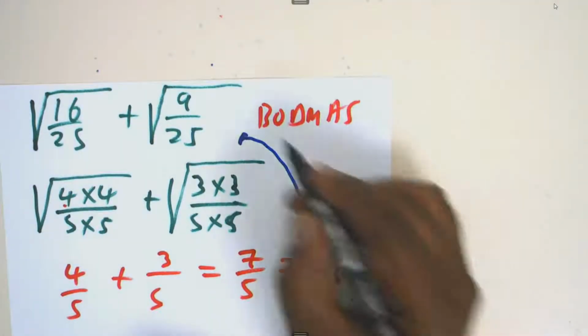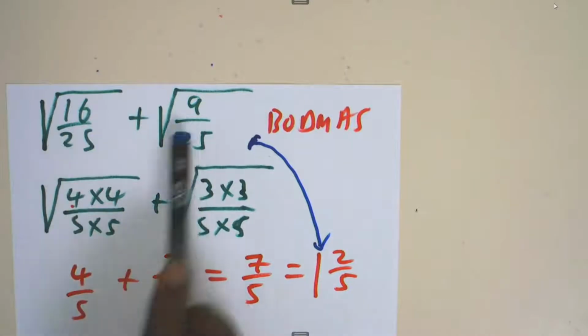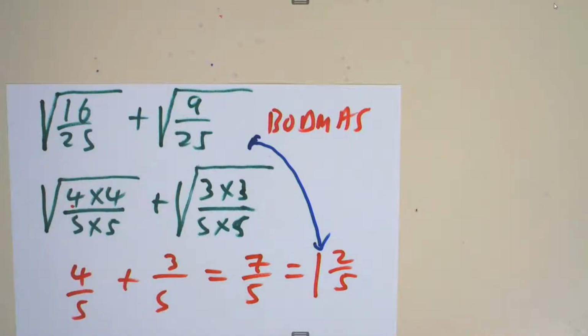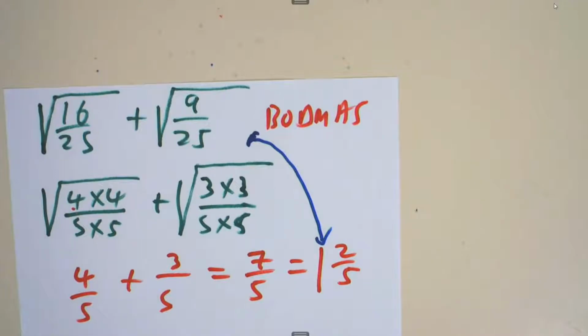Learning, knowing, understanding your rules will take you from here to here. Here, the squares and the square root. Here, the fractions. That's why we said we'll be doing fractions within square root and cube root.